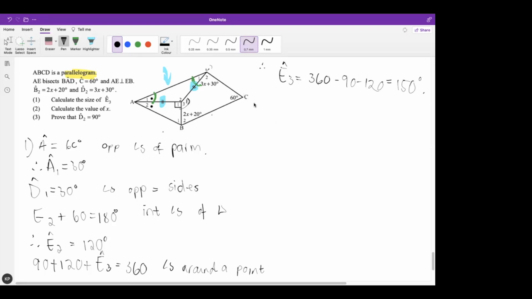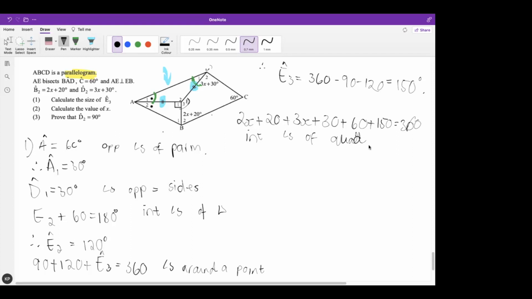Nice, because they are? Because they all add up to 360, ma'am, because they're interior angles of a quadrilateral. My reason is interior angles of a quad.